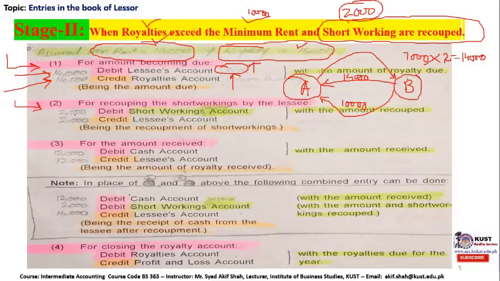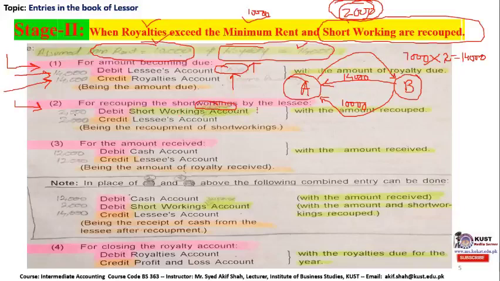Party B will claim to recoup the short working paid in the first year. So the short working suspense account, which was written earlier in the book, should be debited, as it generally shows a credit balance within the liability section of the landlord.